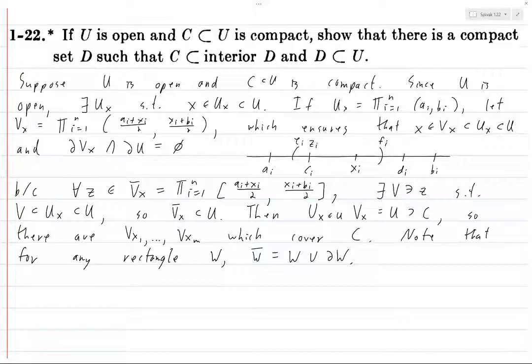So for any point in the closure of W, it's either going to be in W or in the boundary of W. And similarly, you can prove that if you've got a point that's not in the closure of W, then it's going to be in the exterior of W. Any point outside of W bar is contained in the exterior of W. And that's because if it's outside of W bar, it can't possibly even be on the endpoints of each interval.